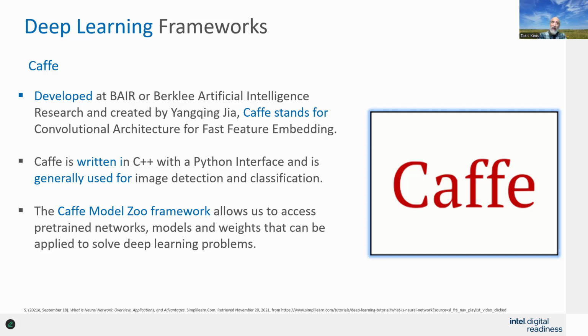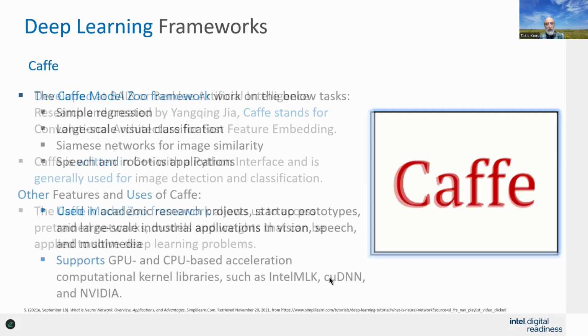It's written in C++, but you can use it with Python because they have an interface for it. Image detection and classification is its big thing. They have a lot of pre-trained networks, models, and weights that you can just grab as tools and apply to your problem and solve your problems pretty quickly.